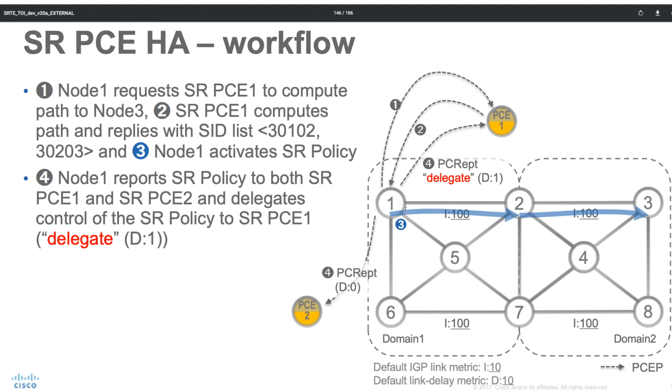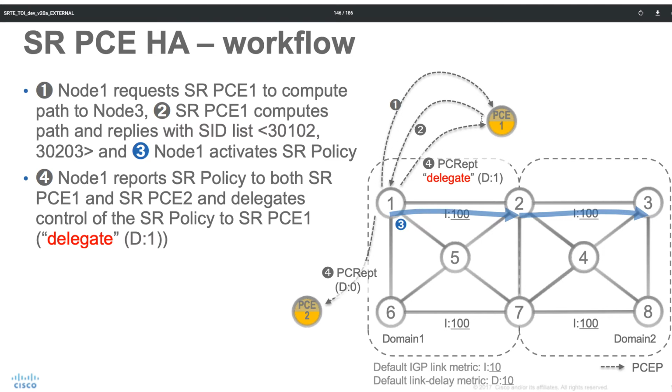Node 1, which happens to be our headend or PCC, will request SRPC1 to compute a path to node 3. That means node 1 is interested in reaching node 3. So it sends a PCEP report to PCE1, asking it to do a path computation from node 1 to node 3 and send the SID list so node 1 can program it and, using that SID list, reach node 3.